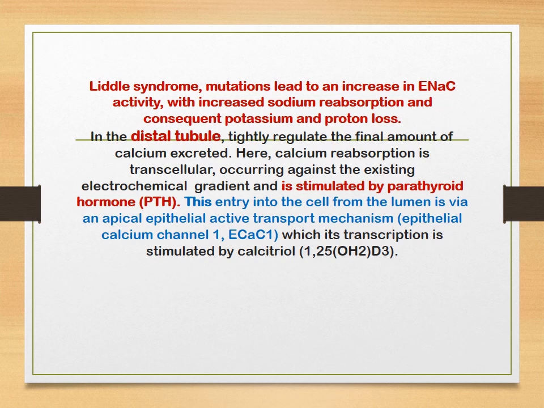So the net amount of excreted calcium is finally regulated at the distal tubules under parathyroid hormone stimulation, and at the same time this hormone will lead to inhibition of phosphate reabsorption. The reabsorption of calcium is also stimulated by active vitamin D, which increases the expression of this calcium channel.